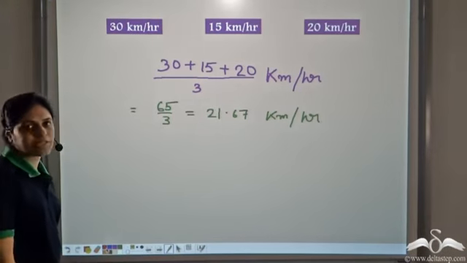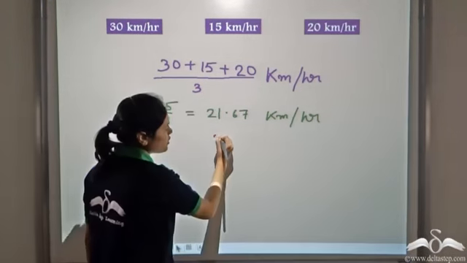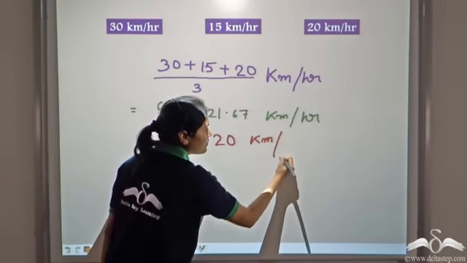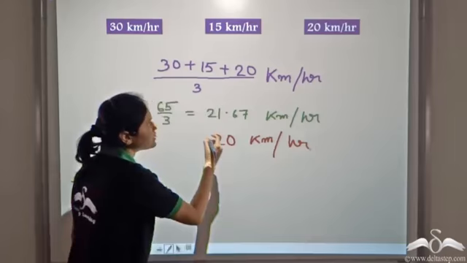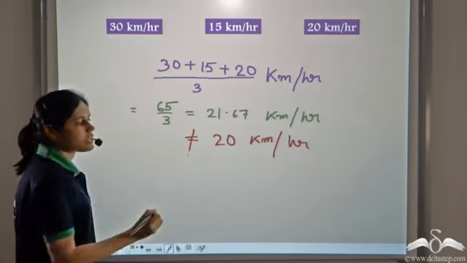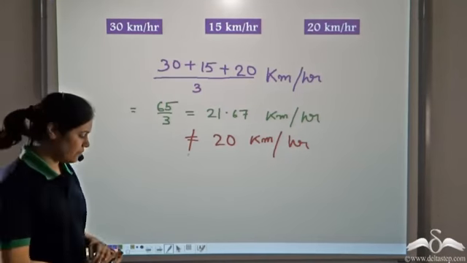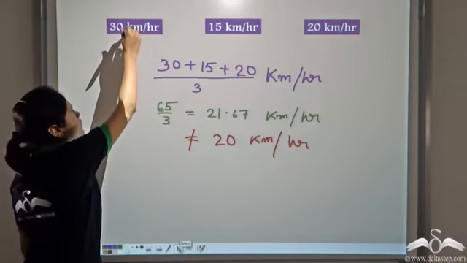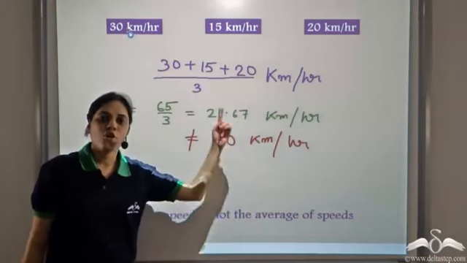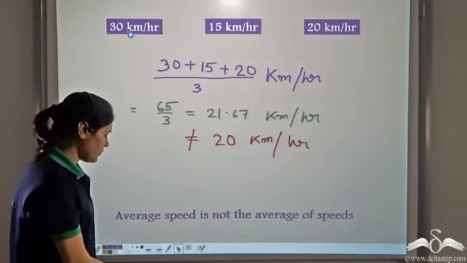We had calculated the average speed as 20 kilometer per hour. And we see that this average of 3 speeds is not equal to the average speed. So what do we conclude? We conclude that average speed is not the average of the speeds.